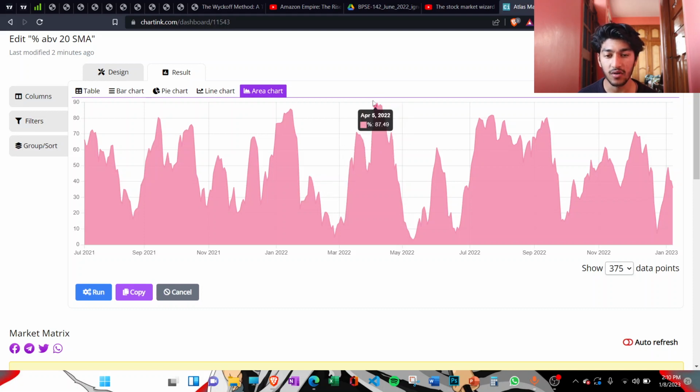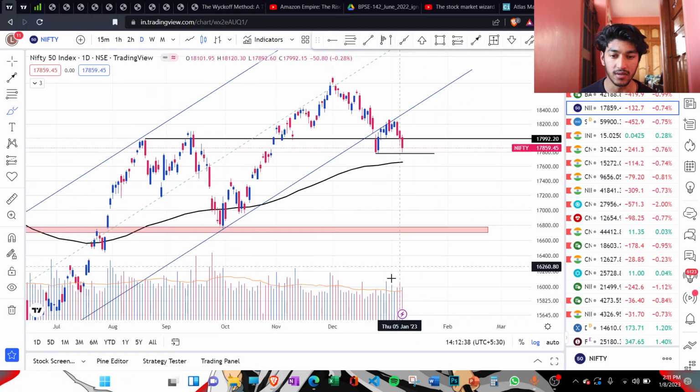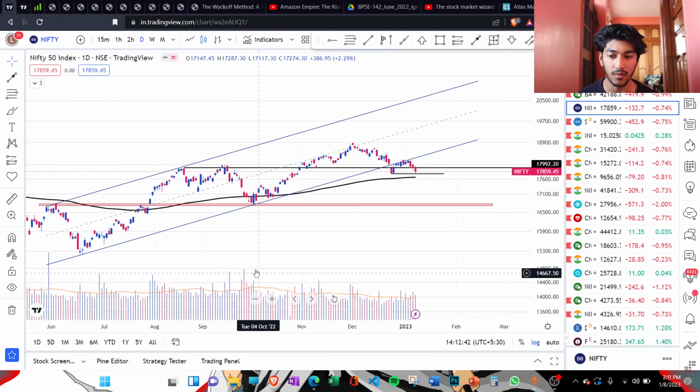Whenever the number of stocks above the 20-day simple moving average reached this point, above 70%, you'll see it was followed by a market correction, where suddenly the number of stocks above the 20-day moving average started falling. Like if you see here, April 6, 2022, let's go to the Nifty chart and take a look at April 6, 2022.